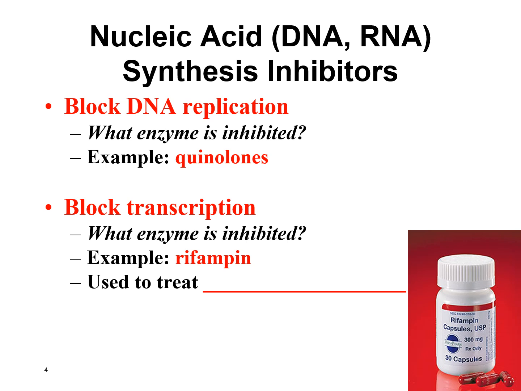All right, our next group of antibiotics will inhibit nucleic acid synthesis. We've got ones that will block DNA replication, and these are the quinolones. The enzyme that they inhibit is topoisomerase.